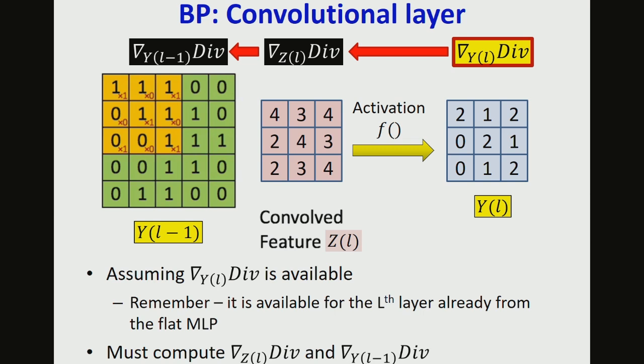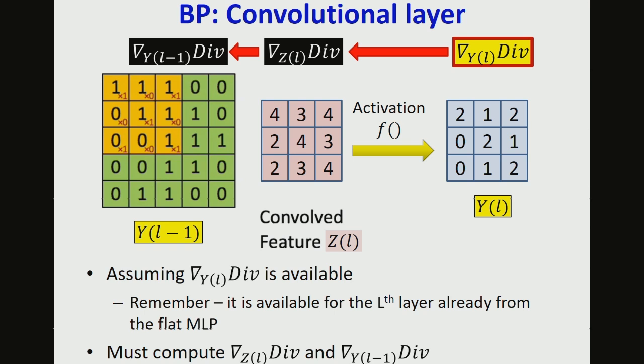So when you work your way backwards, you have the derivative over here with respect to these Y's. For the final layer of the CNN, that's just the final layer. Before it went into the MLP, you just took the final block and unrolled it. So you could roll it right back, and you have the derivatives with respect to the Y.